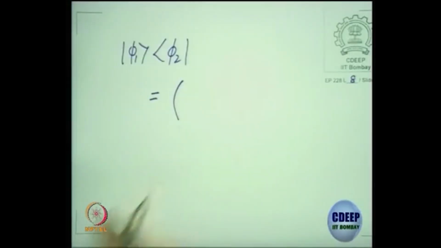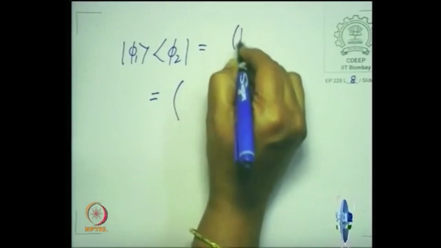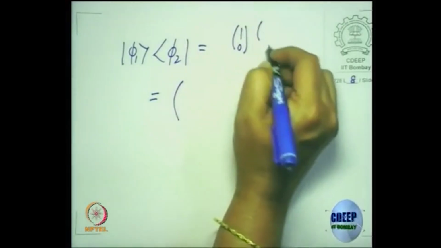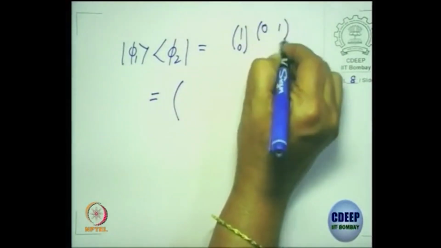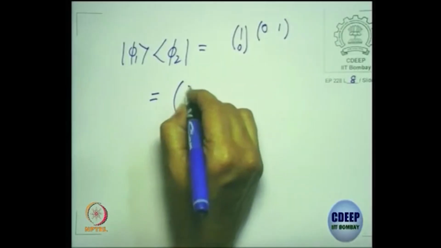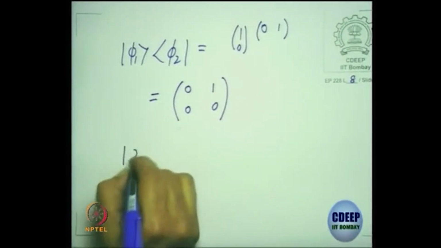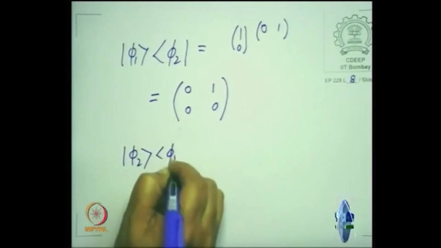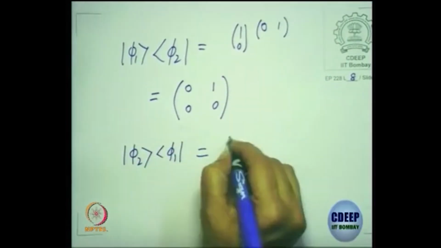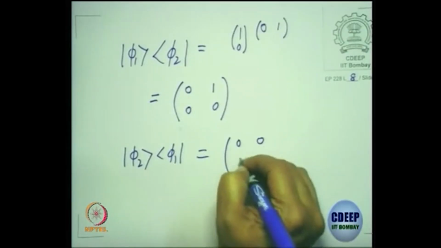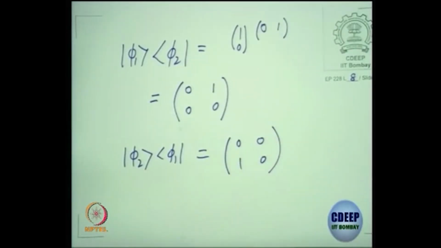What is that 2 by 2 matrix? Someone can help me? It is 1 0, which is a column, multiplying 0 1. Is that right? Similarly, what is phi 2 phi 1? 0 0, 1 0.